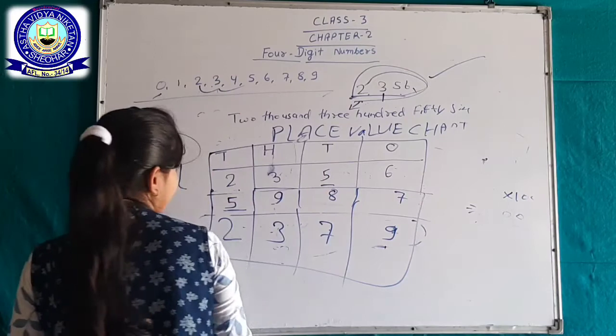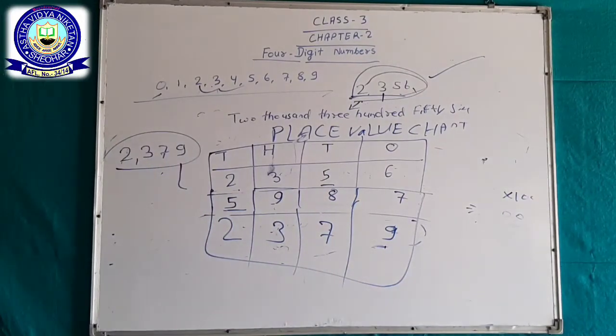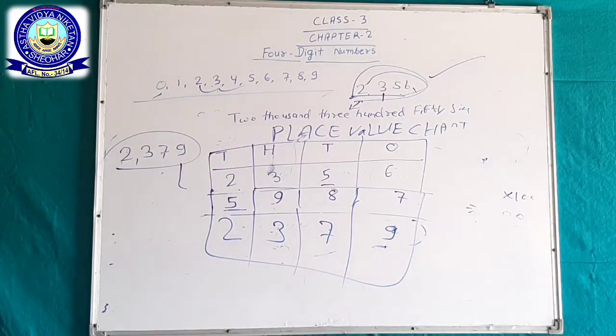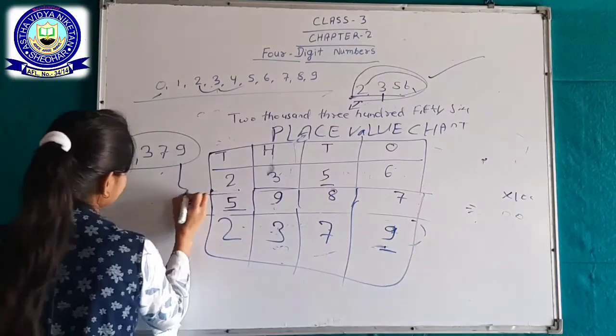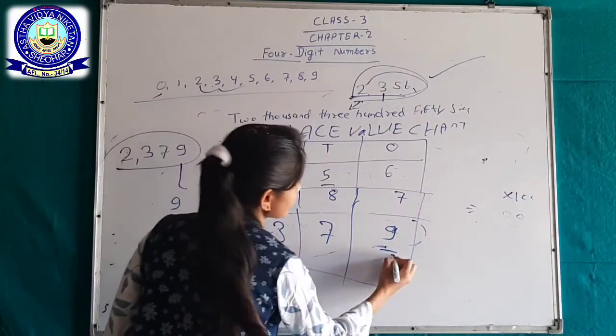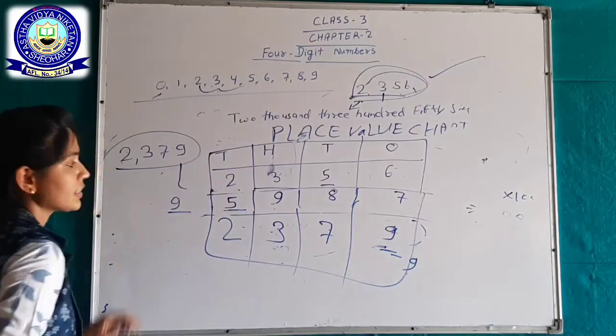So the place value of 9 is 9. The position of 9 is ones, so we can write 9 for the place value.